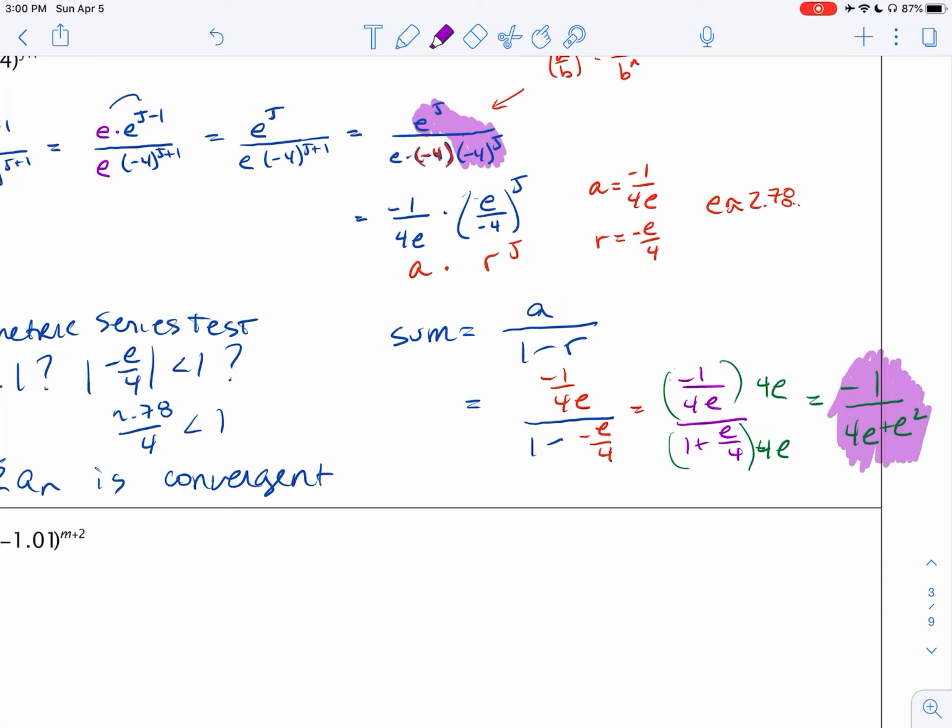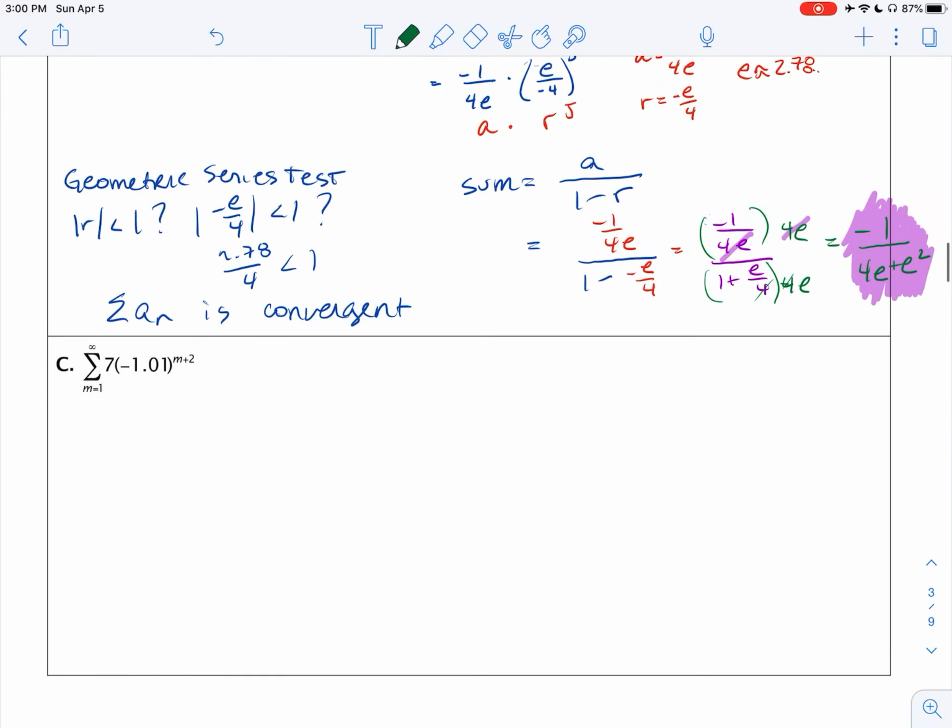That make sense? Hopefully, right? Because then I would just distribute, these guys would cancel, and this 4 would cancel with this 4, and I would get e, but I'd still have to distribute the 4e.